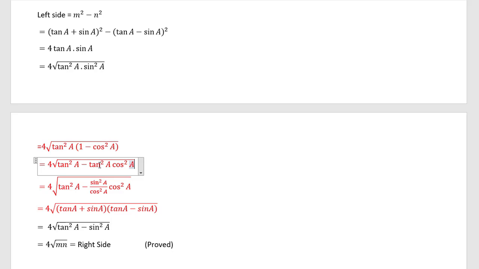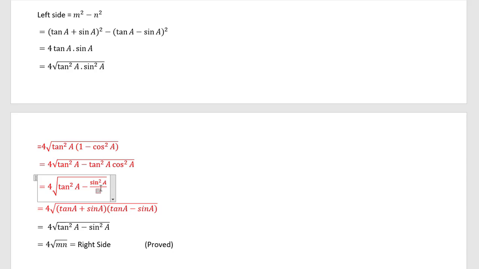To eliminate this, we can break down tan square a by applying sin square a by cos square a. After applying sin square a by cos square a, it will cancel cos square a and cos square a, and this cos square a is also cancelled.